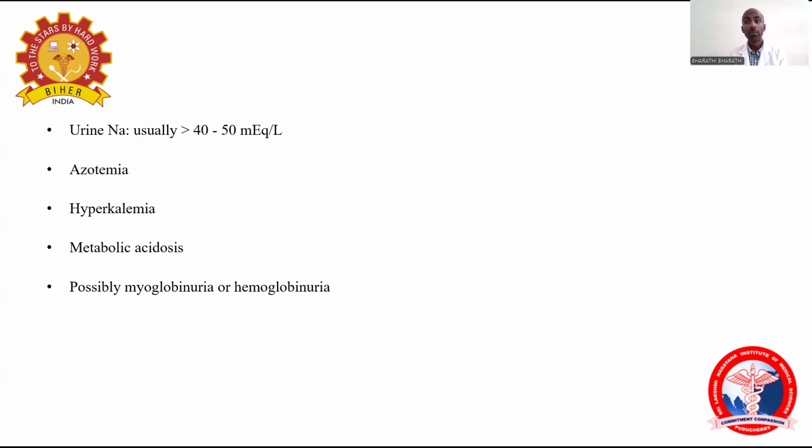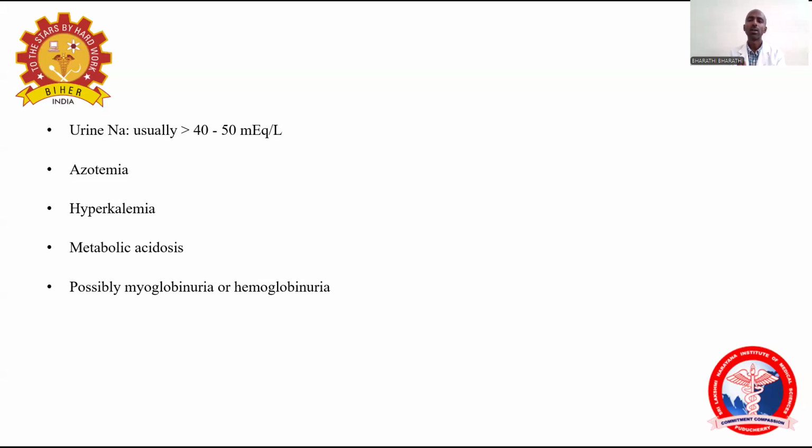Acidemia, hyperkalemia. So in case of acute tubular injury, there will be hyperkalemia and metabolic acidosis. Why is there metabolic acidosis?